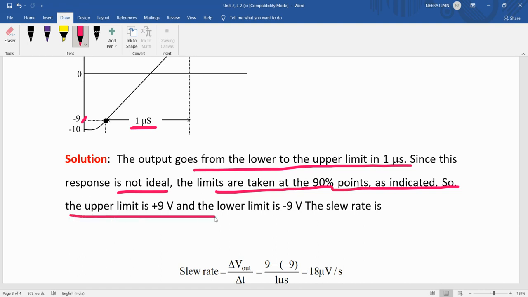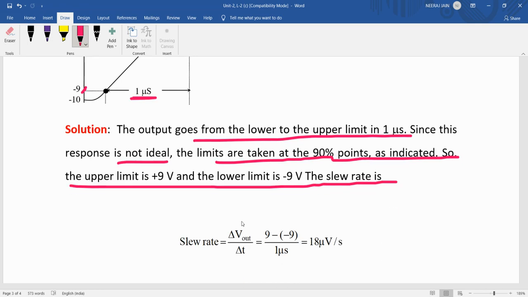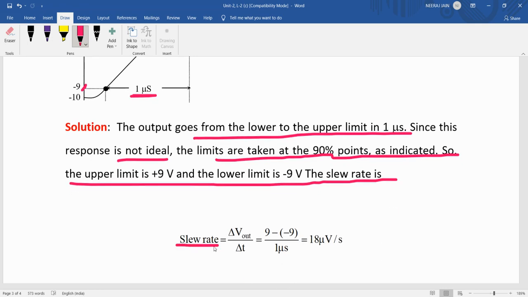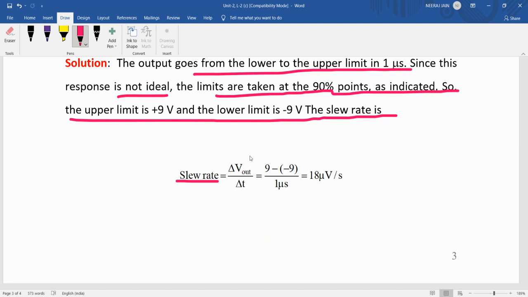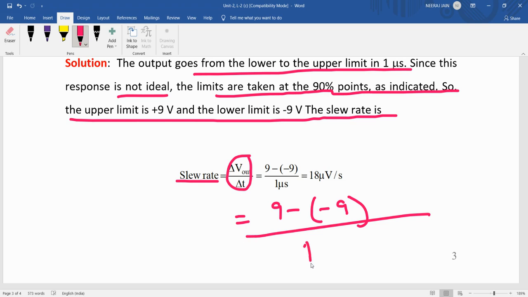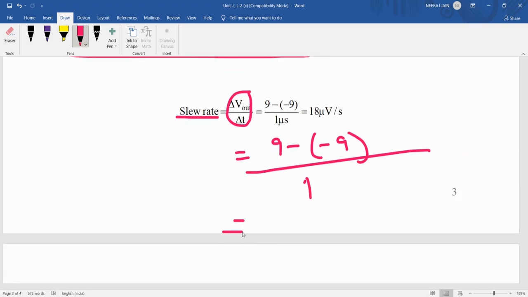So the upper limit is plus 9 volt and the lower limit is minus 9 volt. The slew rate will be delta V out upon delta t, equal to 9 minus (minus 9) upon 1 microsecond, which is 18 volt per microsecond. That is the slew rate.